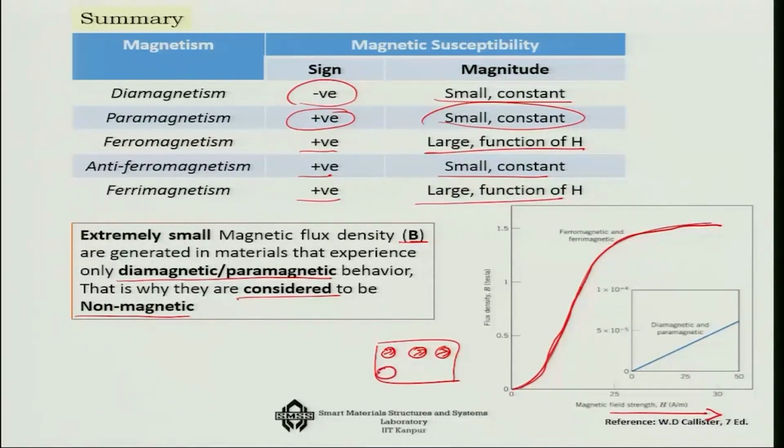Initially all these dipoles will very fast try to align themselves, so the magnetic flux density increases sharply. But after some point of time, all of them are nearly aligned with the field, which means nothing more is happening in terms of the flux density. So, there is a saturation that will happen in this kind of system.